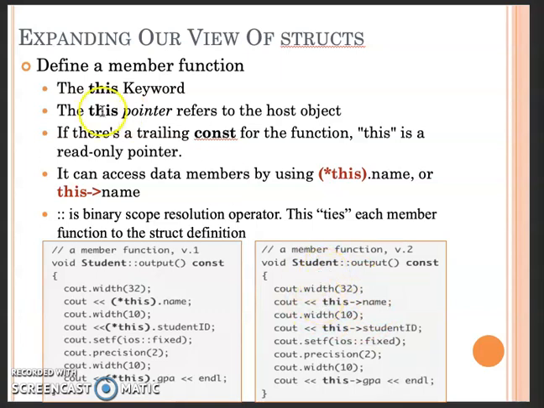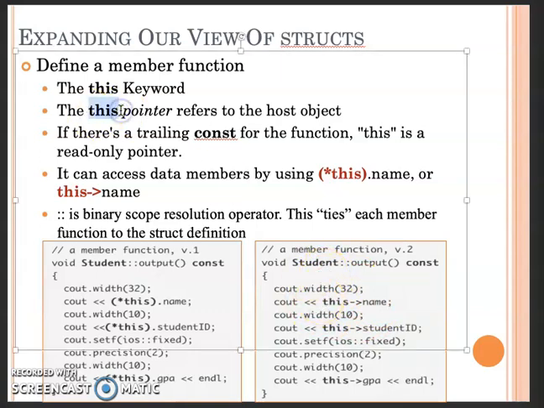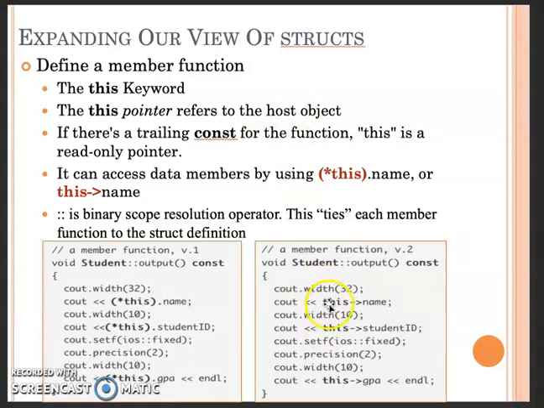So in C++, we have the this keyword. The this keyword is a pointer. So this is a pointer referring to the host object. We know with a pointer, if you want to access or connect to the data attribute or member function, we need to use the arrow.